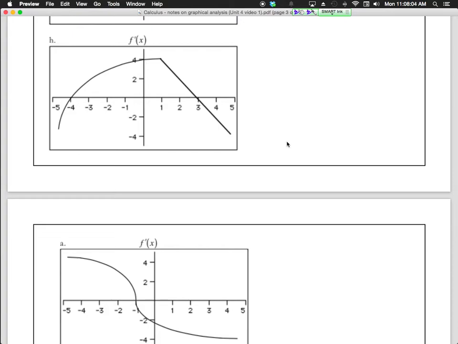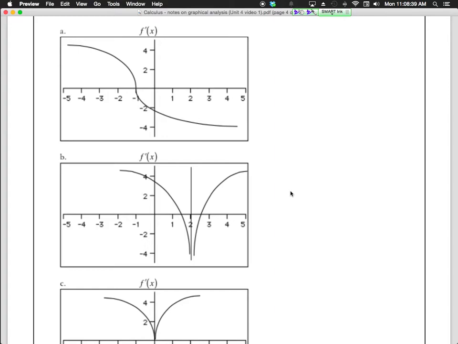There is a relative minimum at -4 because f prime of x is changing from negative to positive, and there's a relative max at x equals 3 because f prime of x is changing from positive to negative. Very good. Nicely done.